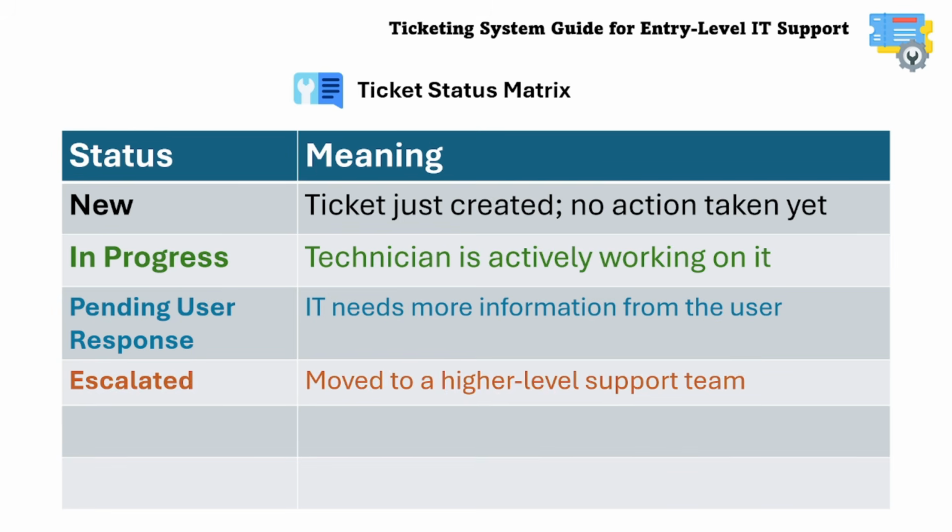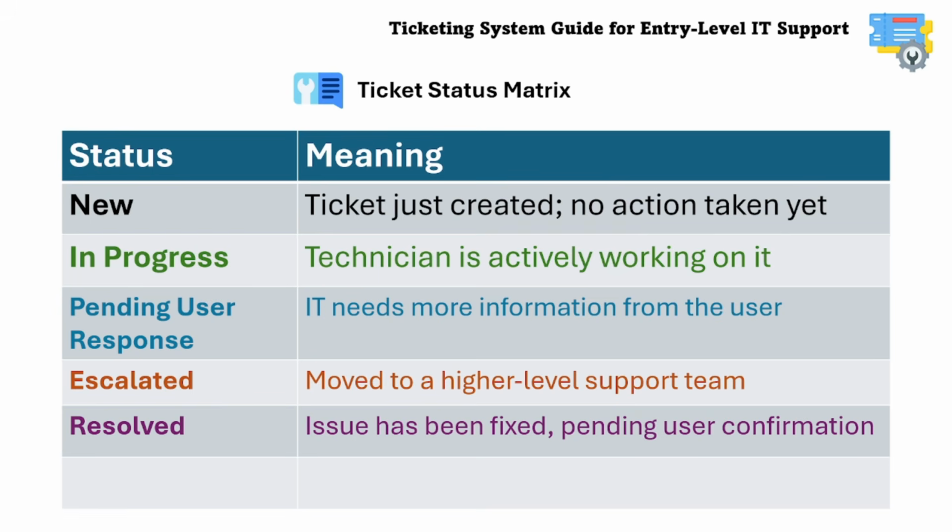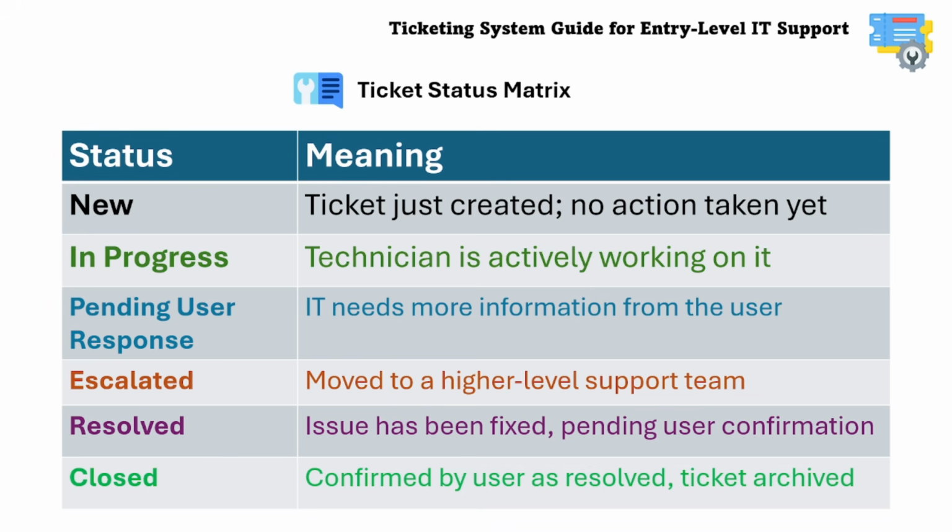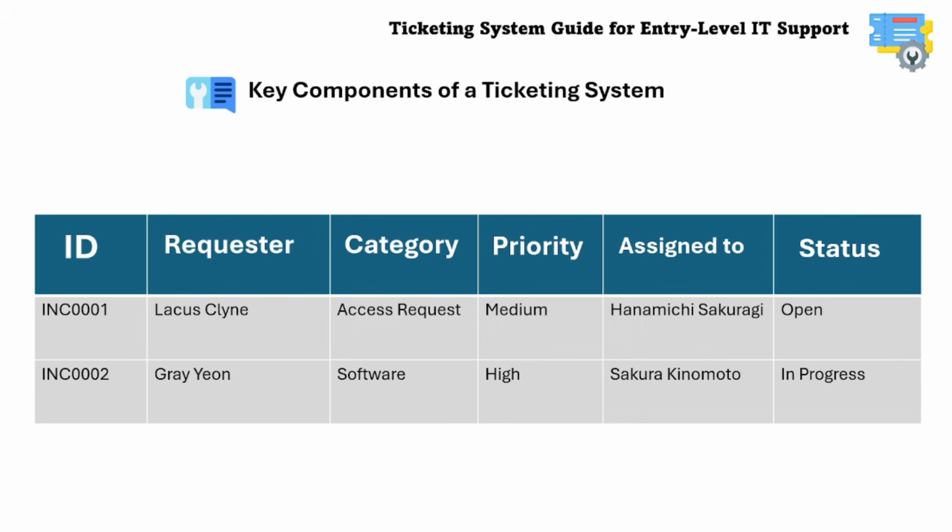Escalated is when a ticket is moved to a higher level support team. Resolved is when the issue has been fixed and pending user confirmation. And closed when it's confirmed by a user as resolved and the ticket was archived. So those are the key components of a ticketing system and what a ticketing system typically looks like.